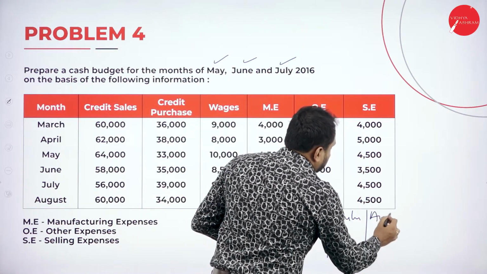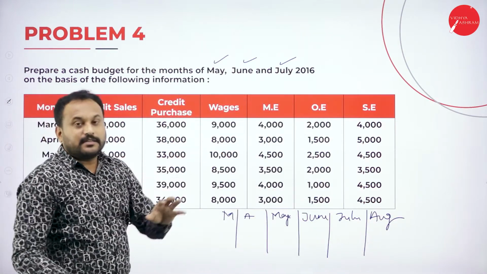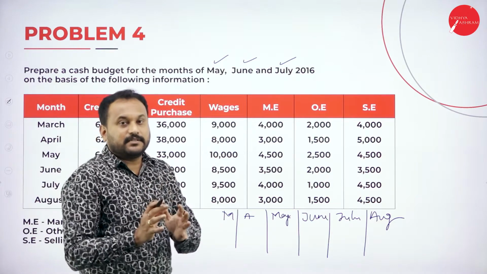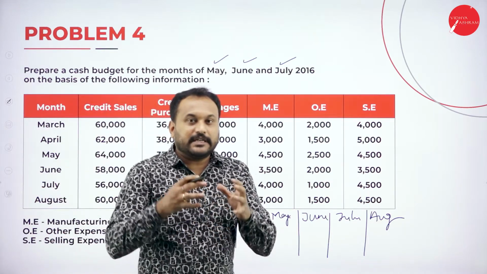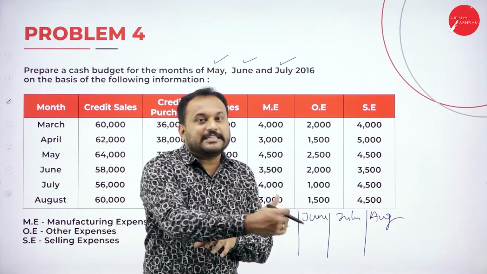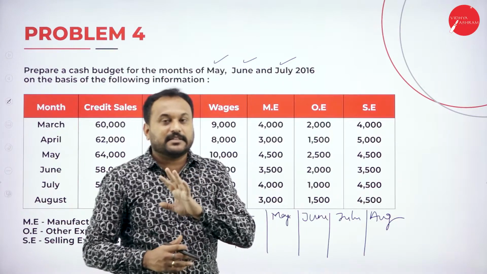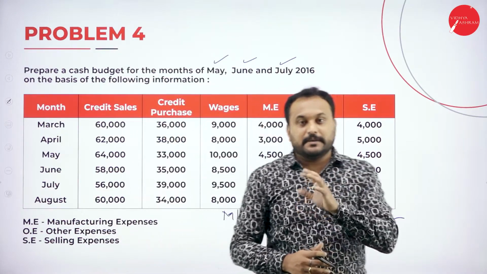Let's go with August, just to show you what exactly happens. They said that 50% of the amount will be paid in the same month and the next 50% will be paid in the next month. That is what the lag in payment of half a month means.